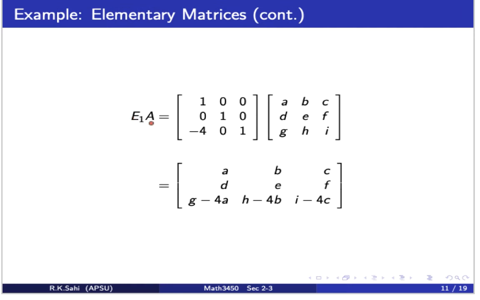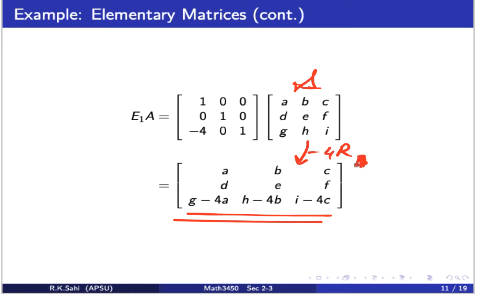So when you multiply E1 with A, I've kept these two matrices, you will notice you actually get this. What we are doing, if you move from this matrix A here, is applying the elementary row operation -4 times R1 plus R3 going to R3.